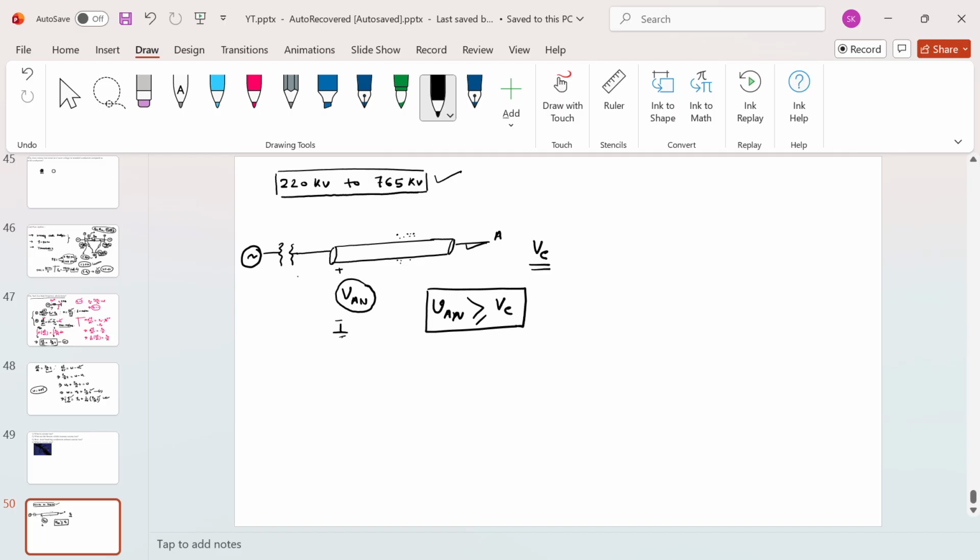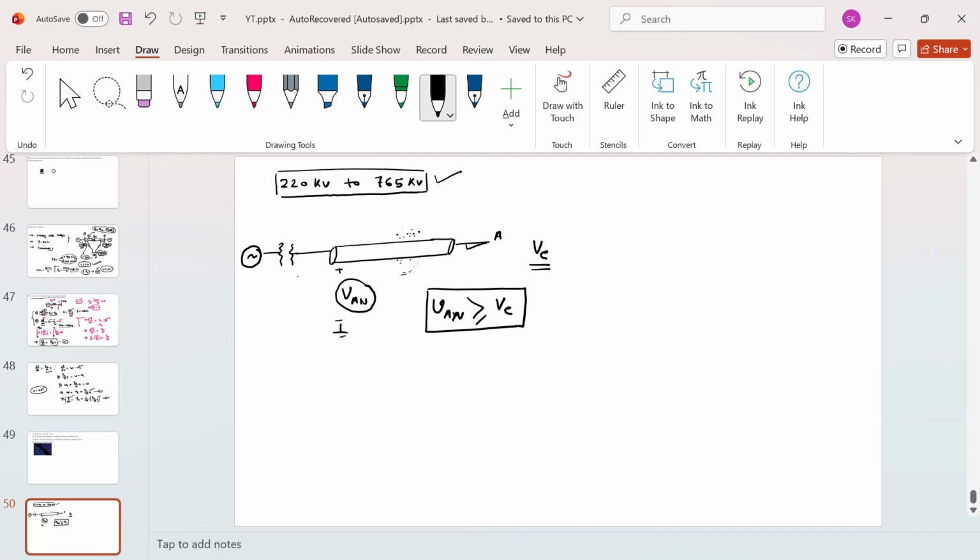In that case, there will be various phenomena. You will get some hissing noise from the transmission line, and you will see some violet color coming from this area.